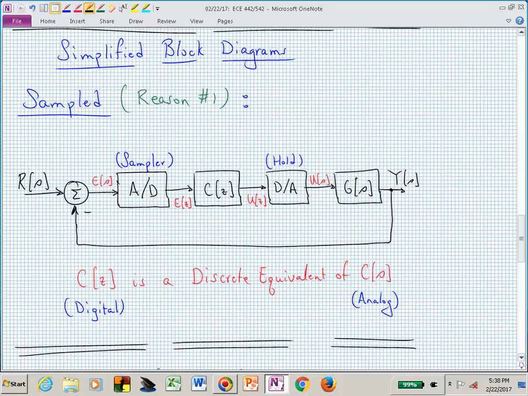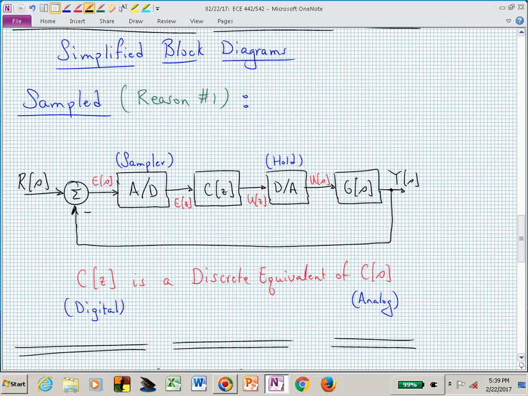If you tried to drive a motor with a sequence of numbers, you gave it 1.6, and then a little bit later you gave it 1.65, it's going to be just going boom, boom, boom. It's not going to react very well. So you somehow have to convert that digital sequence of numbers into a continuous or an analog waveform, and that's the D to A.